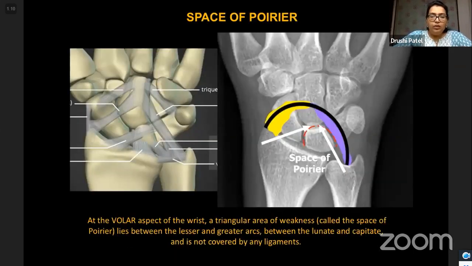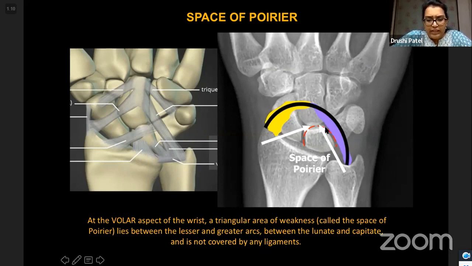Now, one thing worthy of note is that at the volar aspect of the wrist, see how the extrinsic ligaments are arranged and connecting the forearm bones with the carpal bones. So there is a triangular space between the capitate and the lunate, which is not reinforced by any of the ligaments, and that space is known as the space of Poirier.